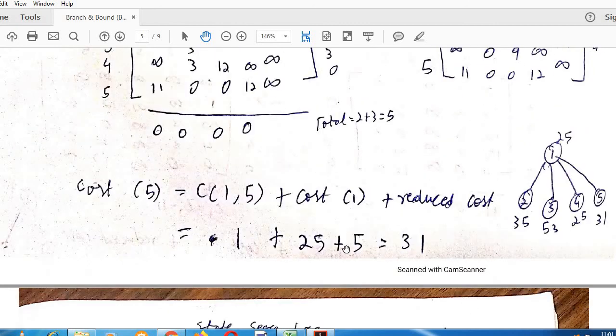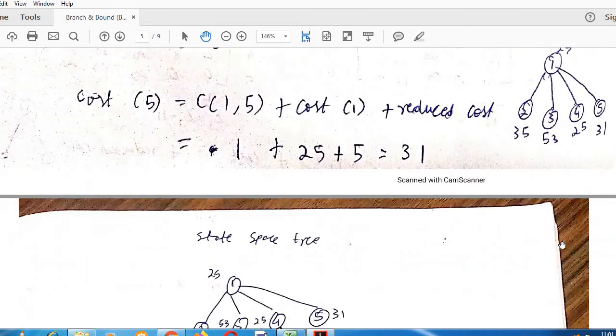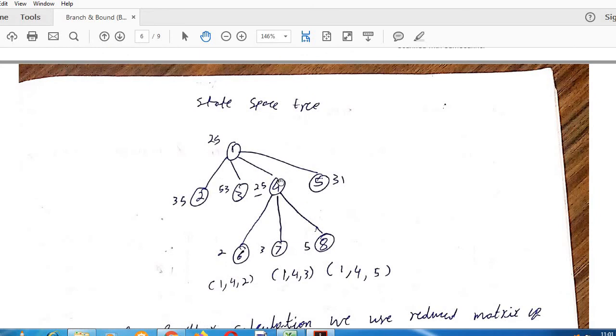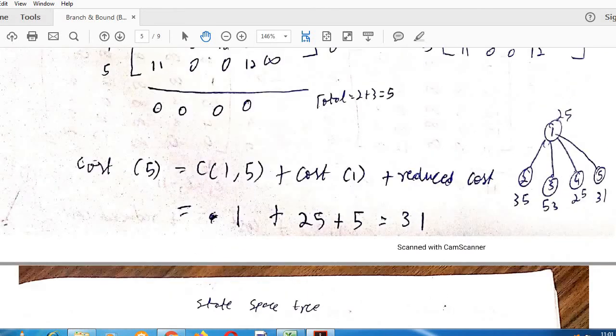That also I will write down. So the reduced cost is 5, the cost of node 1 is 25, and the cost of 1 comma 5 is 1. When I add all this, I get 31. So this will be assigned to node 5. After that, among the second level nodes, I will find the node associated with the least cost.